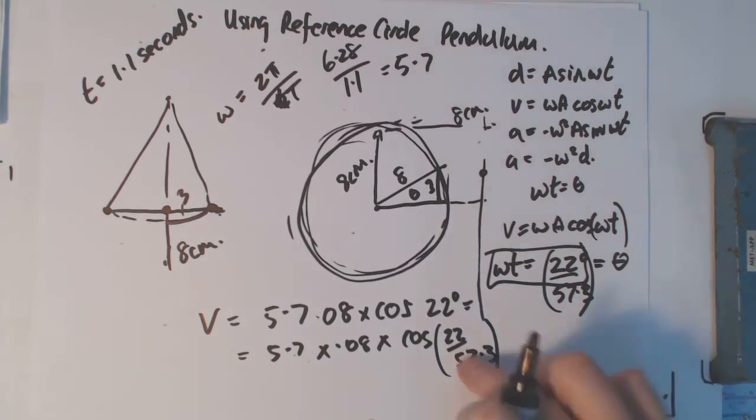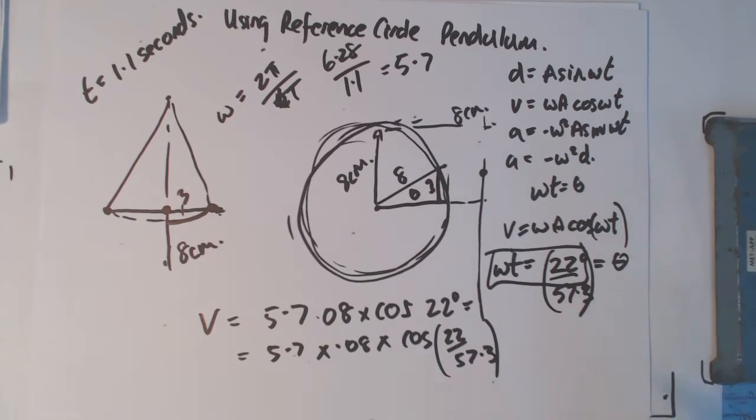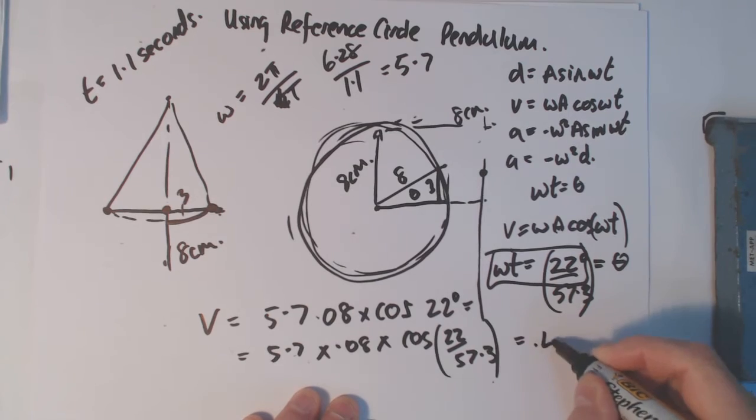My calculator would be in radians for that one, degrees for that one, and it will give you the same answer. So let's do it: 5.7 times 0.08 times the cos of 22 gives me an answer of 0.4227. So we'll go with 0.42 meters per second.